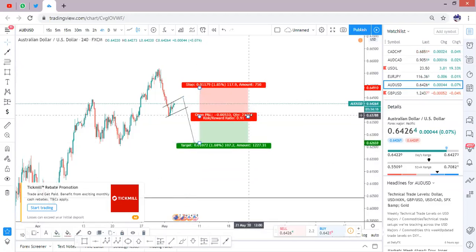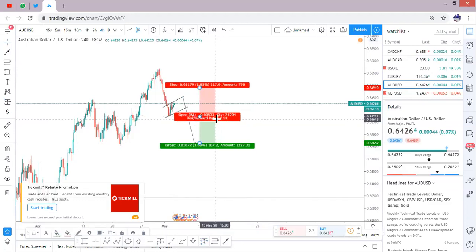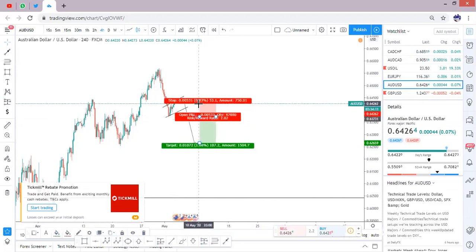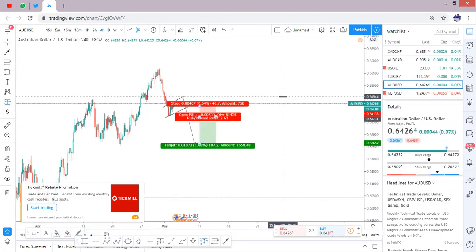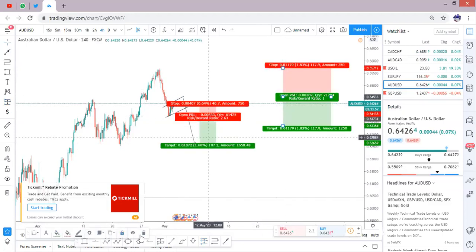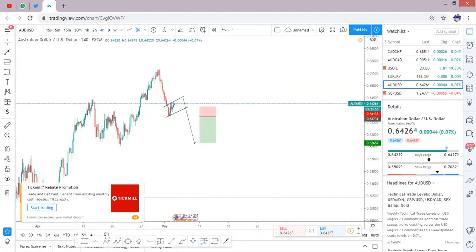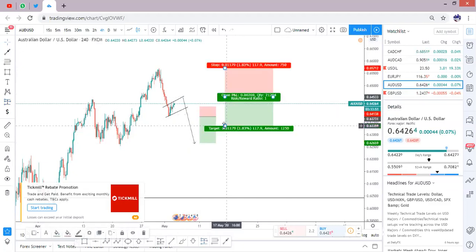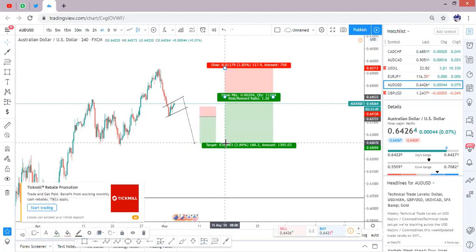So you can make 2 entries on this, one after the break of the flag and one as an aggressive entry.